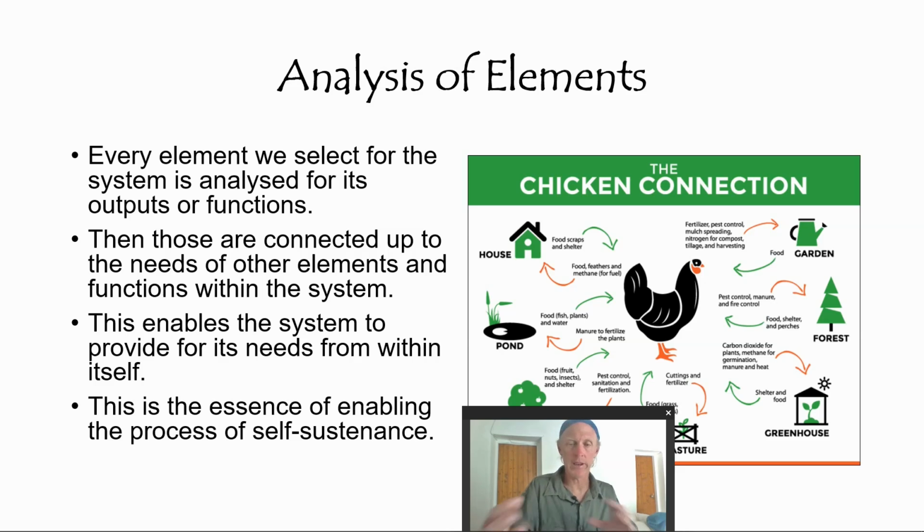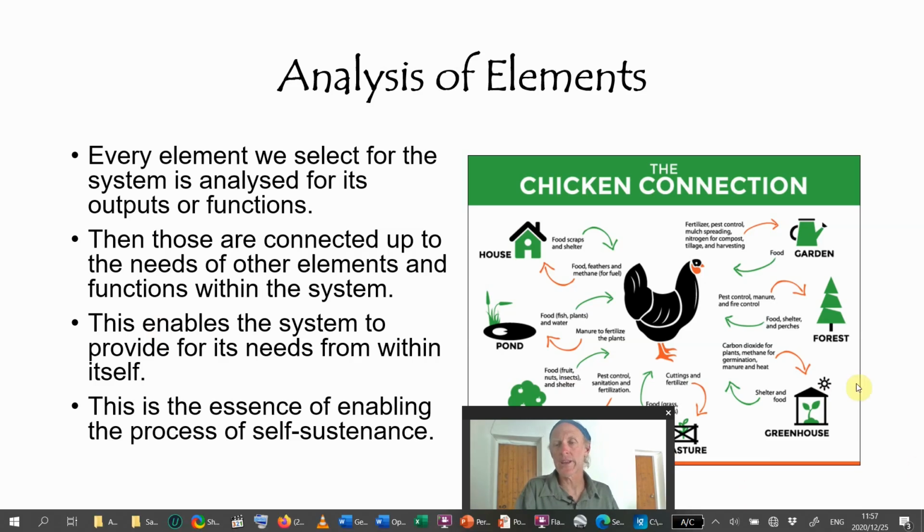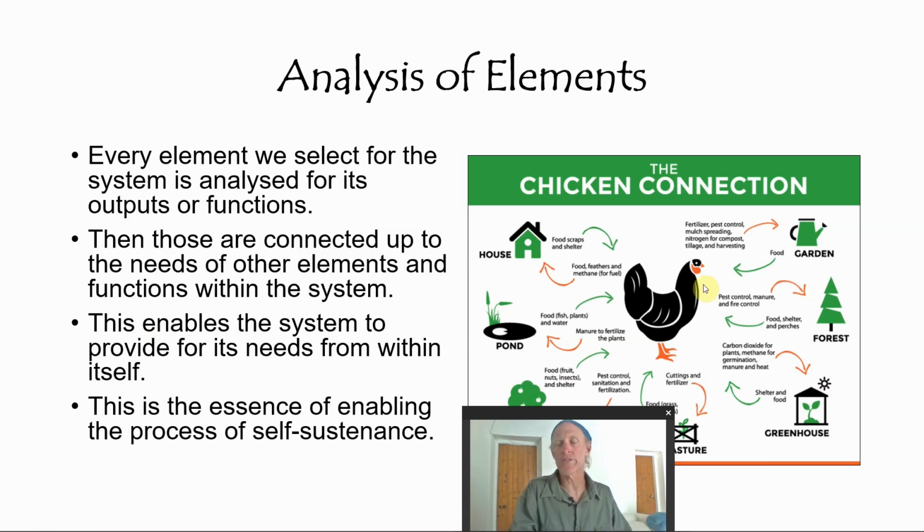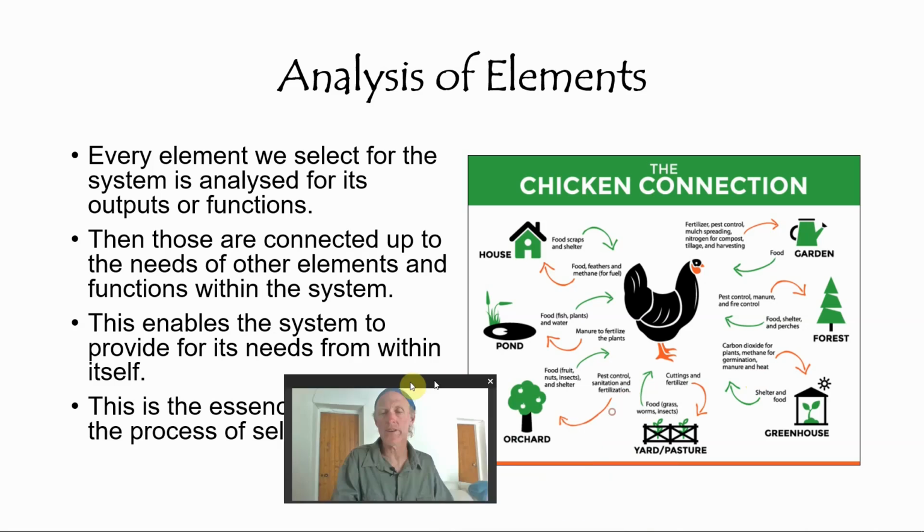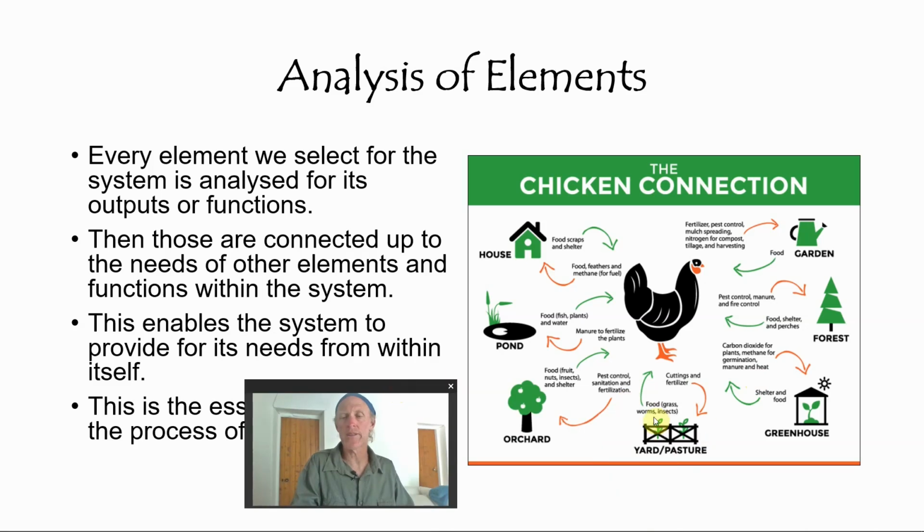And this connecting up of the needs of one element to the outputs of another enables the process of self-regulation or self-sustenance. So we can see here the chicken connects to the garden, it connects to the forest, the greenhouse, the yard pasture, the orchard, the pond.